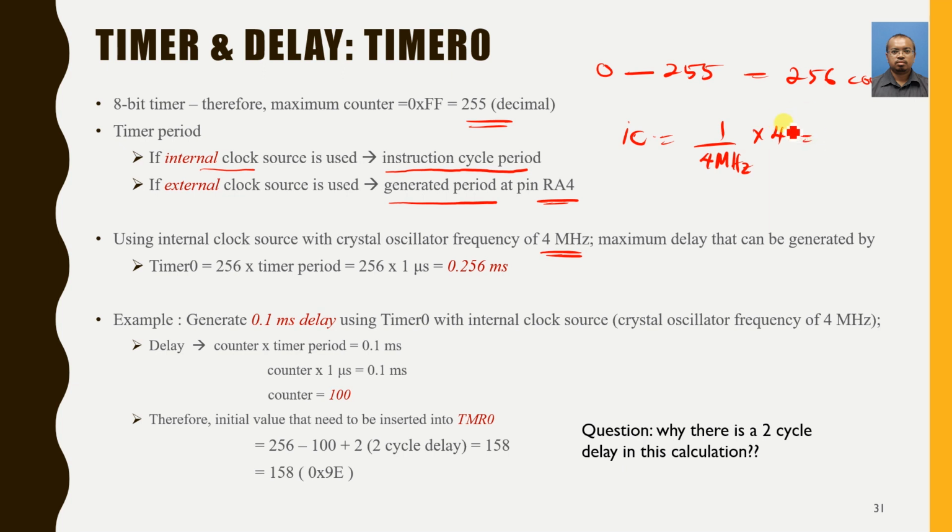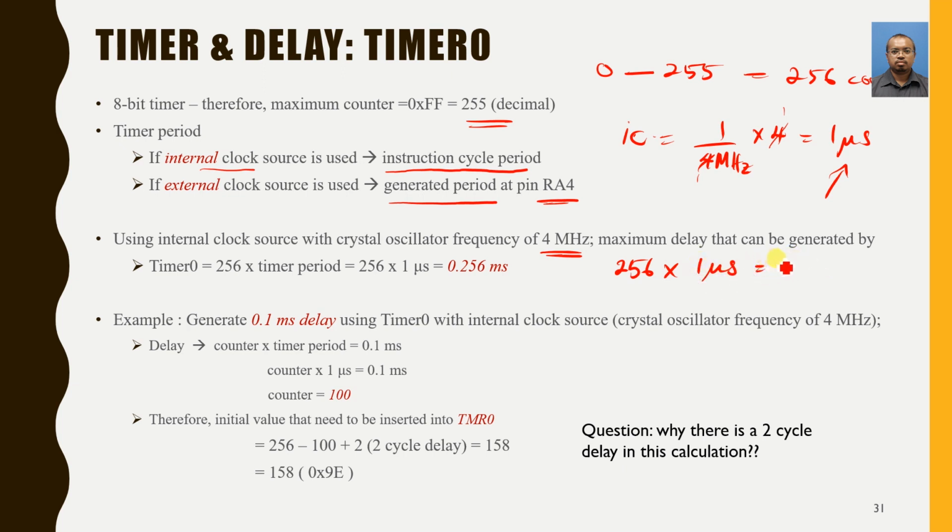So, for 1 instruction cycle, it's 1 microsecond, right? So what's the maximum delay that can be generated by timer 0? The maximum count is 256 counts times the period, which is 1 microsecond.